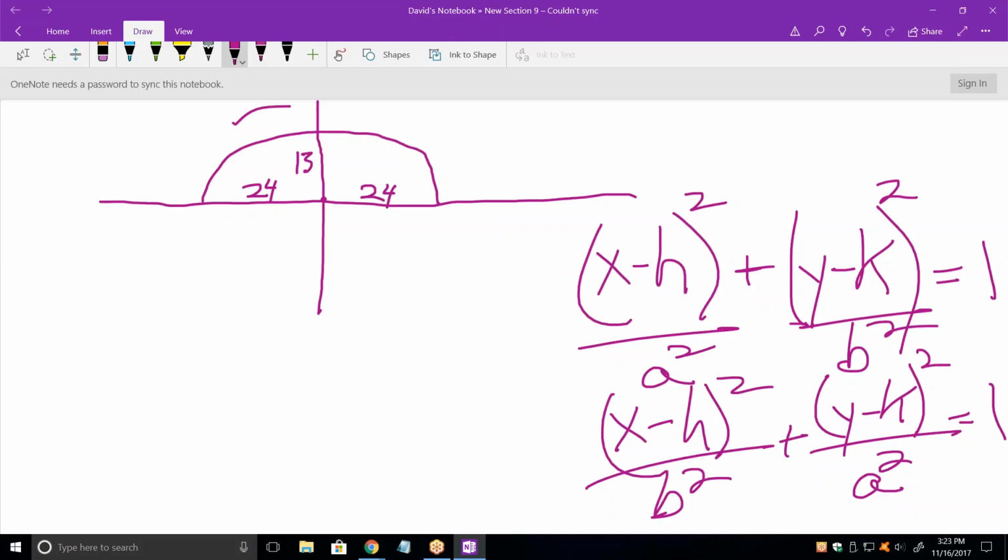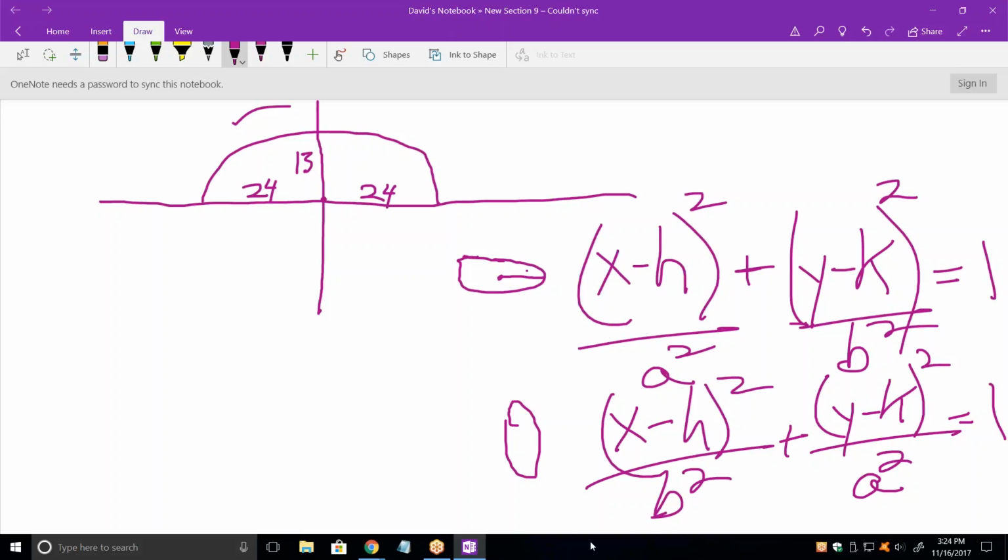This ellipse is a horizontal ellipse, like that. This ellipse down here is a vertical ellipse, like that. Here's how you can tell the difference. A is always from the center of the ellipse measured on the major axis, the longest axis.